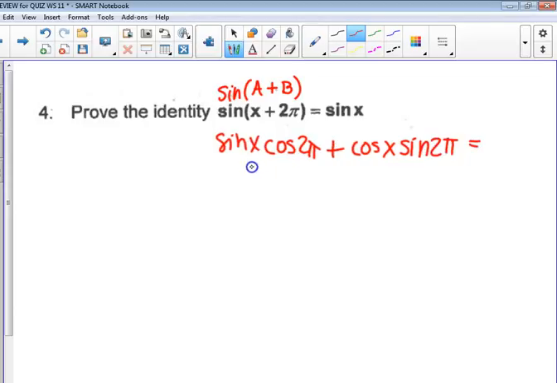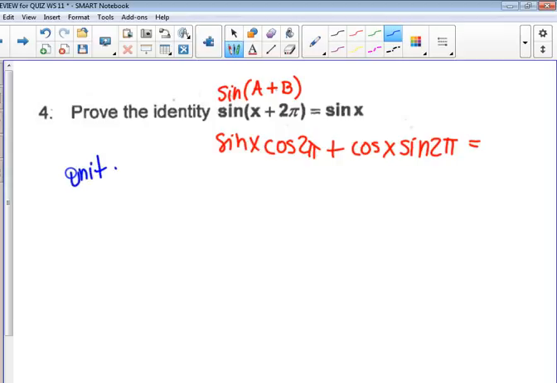Okay, that's what I heard. I think that's right. Sine A plus B goes sine of A, which is x, times cosine of B, which is 2 pi, plus cosine of A, which is x, times sine of B, which is 2 pi. Okay, perfect. Now what?